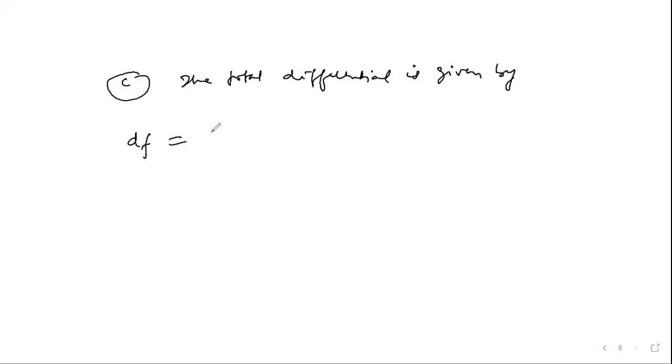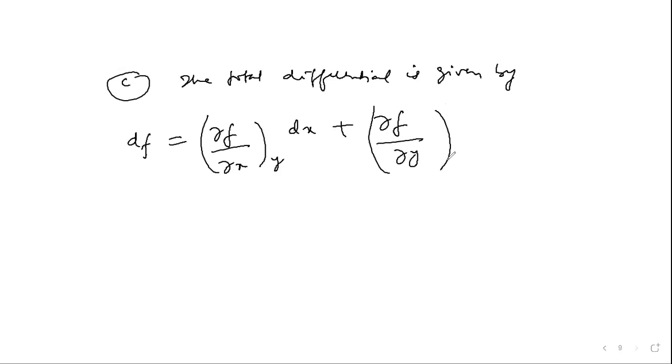Part C. We have to find the total differential. The total differential is given by df is ∂f/∂x with y constant times dx plus ∂f/∂y with x constant times dy.